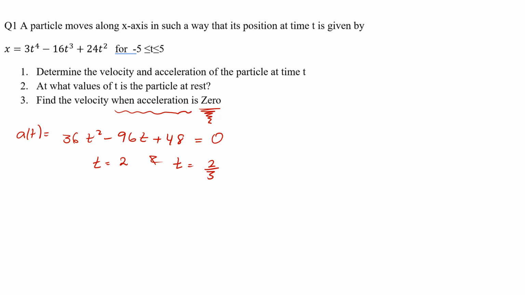So what is finding the velocity? I am just copying down the velocity function which we just found out, 12t cubed minus 48t squared plus 48t. These are the functions we already found. They are saying that when t equals 2, find the velocity.